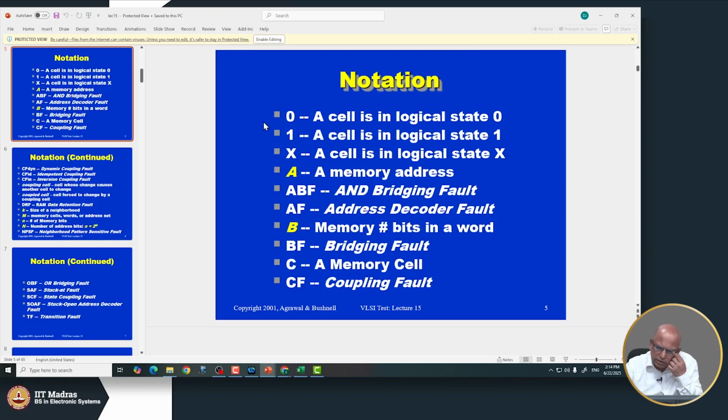When you say 0, that means state 0, state 1, state unknown. A means A is a memory address. There could be an AND bridging fault, address decoder faults. So, this is the notation.